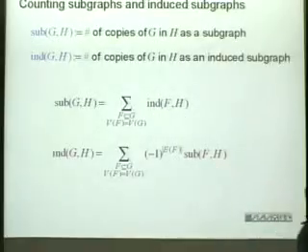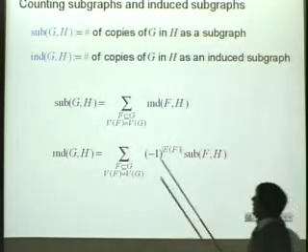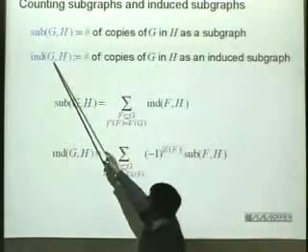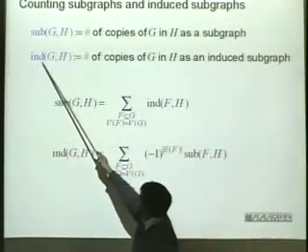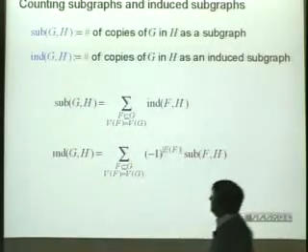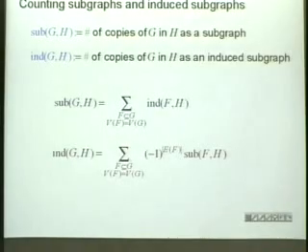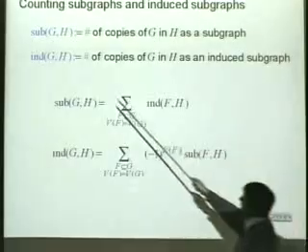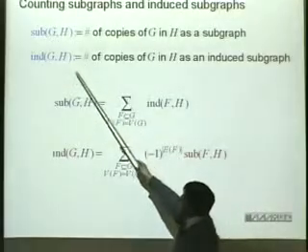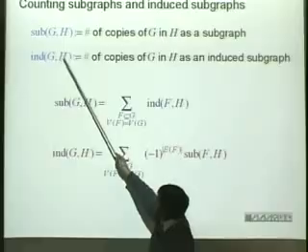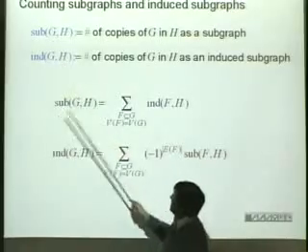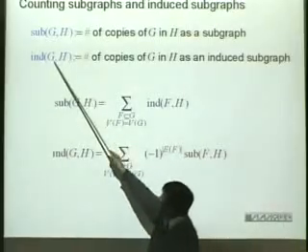So the triangle really gives rise to 6 labeled copies of the triangle in G. And you could also be interested in counting the number of induced copies of G in H. That means copies of G in H where, between the points that are images, there are exactly those edges in H which are in G.